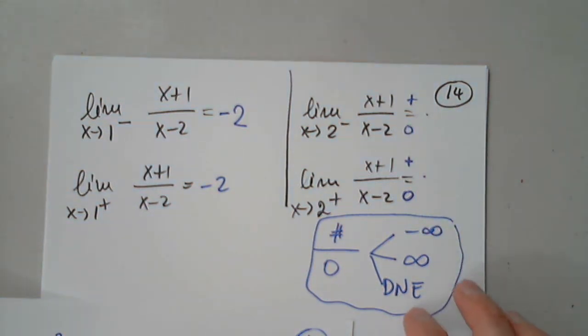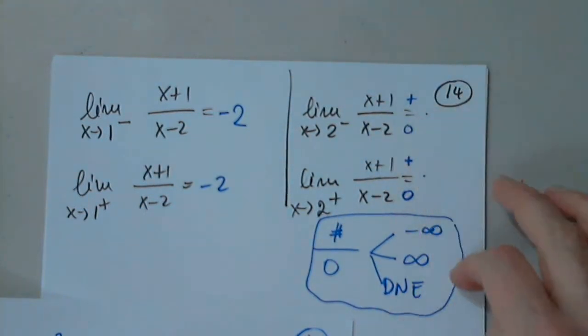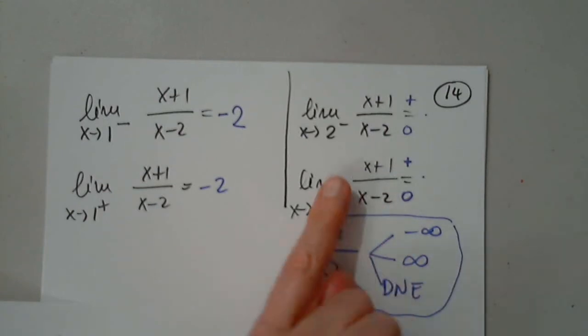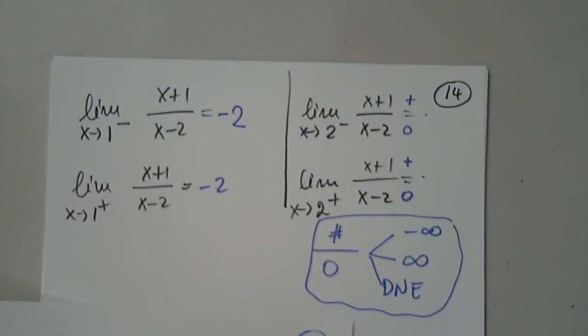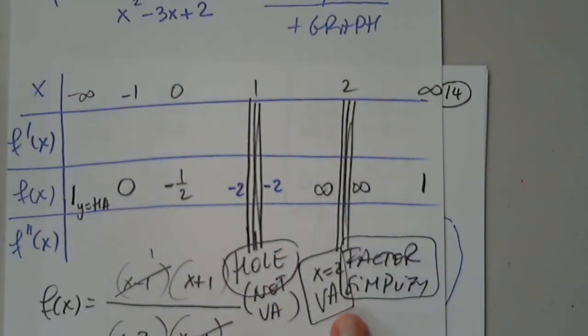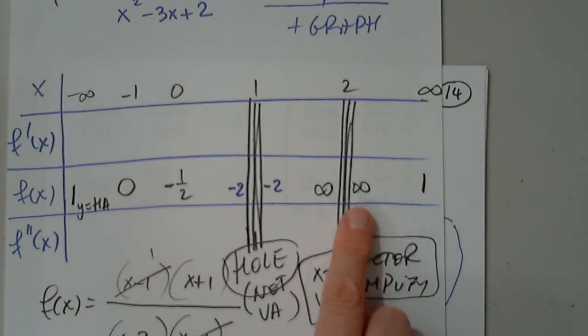I can write DNE if it's an oscillating limit, but it's a rational function, so this cannot be oscillating from the left or from the right. We already know that it has to be infinity because this is a vertical asymptote. What we don't know is the sign.